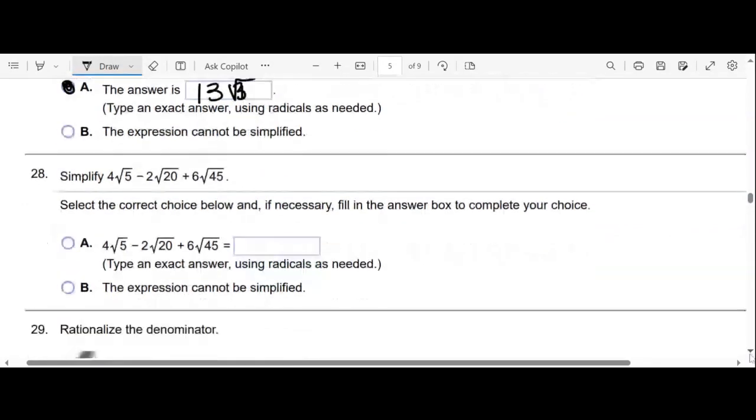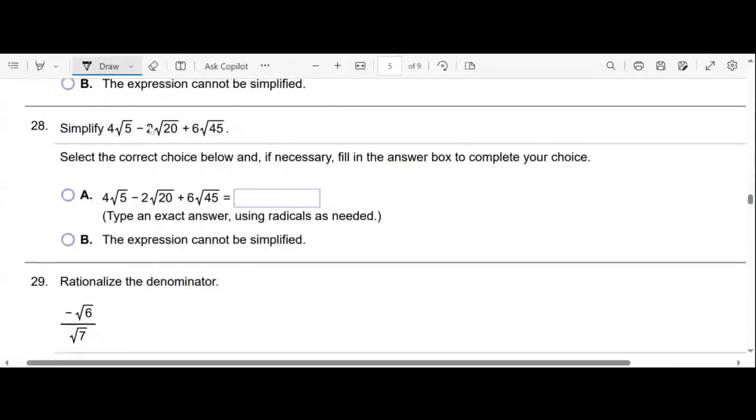Next one. Do we have the same square root? No. Abaziz, do we have the same square root? No. So what about 20? Can I do something to the 20? Yes. What should I do to the 20? It becomes 4 and 5, right? But then you see plus 6 square root of 45. 45 is what by what? 9 and 5.